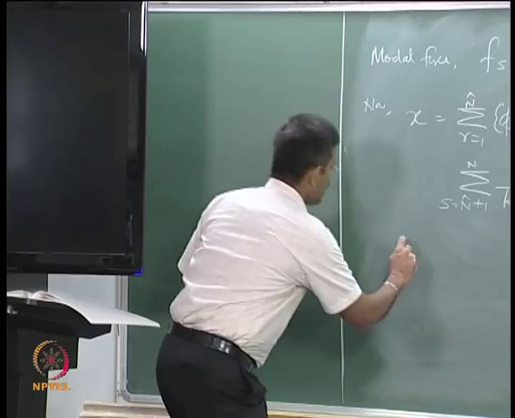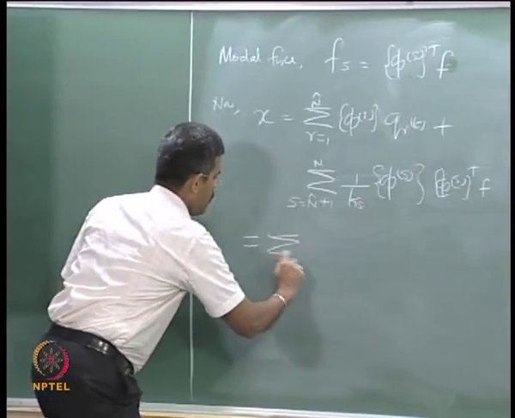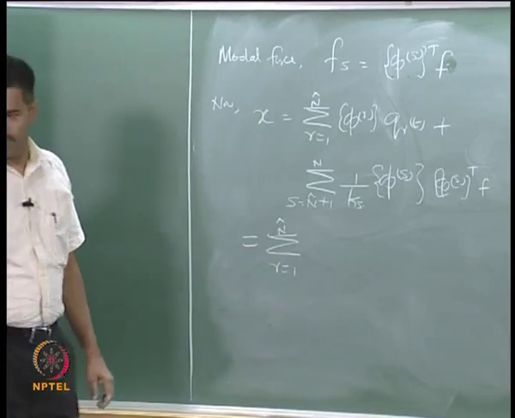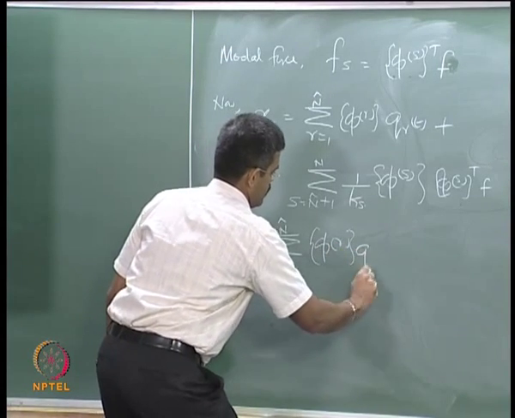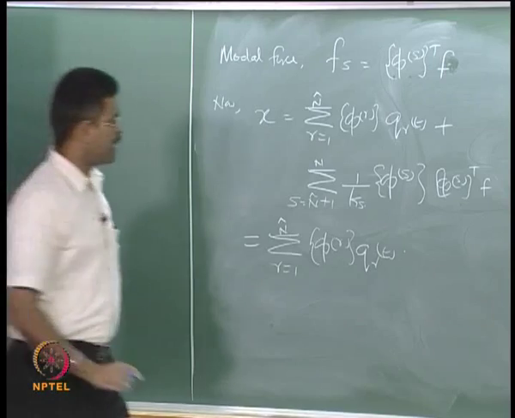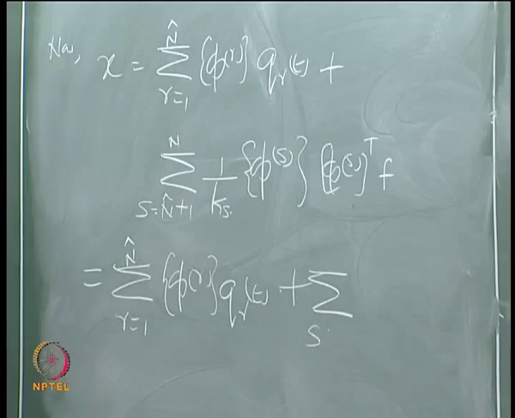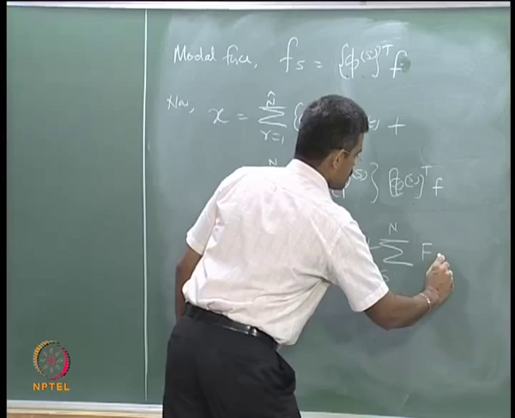Which can now be rewritten as summation of r equals 1 to n hat phi r q r of t, plus summation of s to n. Can I say this as f s of f?